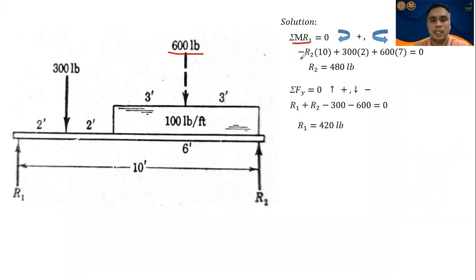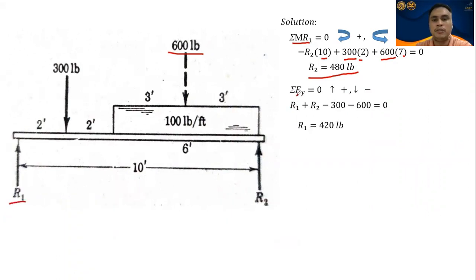So, you see, negative R2 times 10 plus 300 times 2 plus 600 times 7. Okay? So, this R2, class, is 480 pounds.